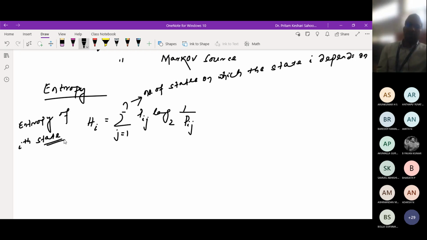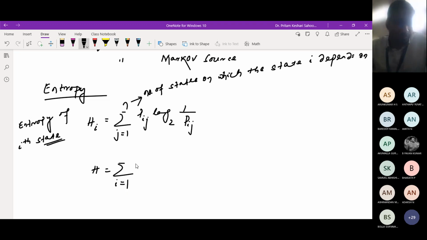So we shall first calculate what is the average information of that particular state, whereas that state is dependent on the other source states. So we have to calculate the individual entropy of every state. So once we can calculate the individual entropy, the final entropy is equal to the summation of i is equal to 1 to n, pi into Hi.